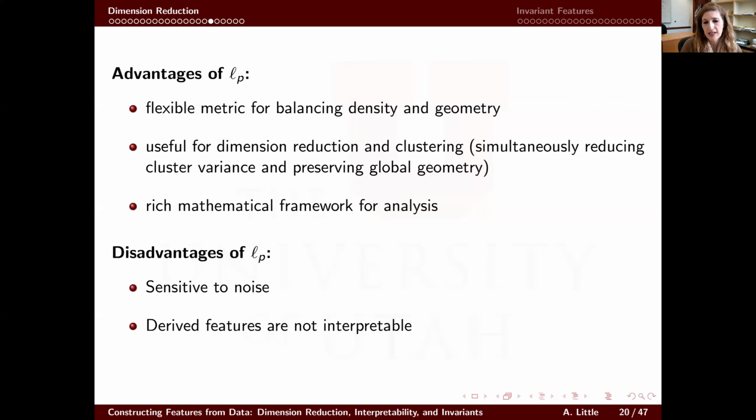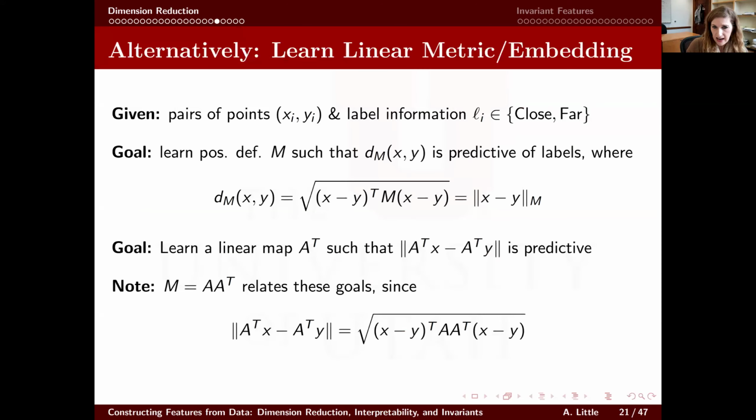And another criticism, which is a very common criticism of many modern data science methods, is that the derived features are not interpretable in terms of the features that we started with. And this is actually really important in a lot of applications. There are definitely certain contexts where people really feel like they need to understand exactly what the features are and how decisions are being made.